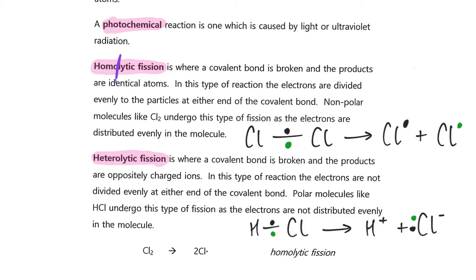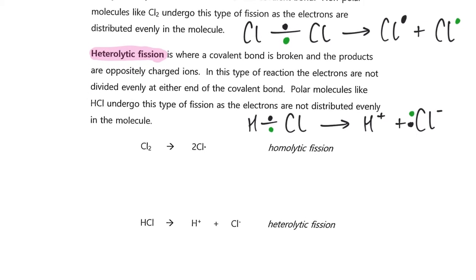What we end up with is a positive hydrogen ion and a negative chloride ion. So that's heterolytic fission, when the electron pair goes to one of the atoms, leaving the other atom with none of the electrons. Let's take a closer look at how that happens with these two examples, chlorine and hydrogen chloride.